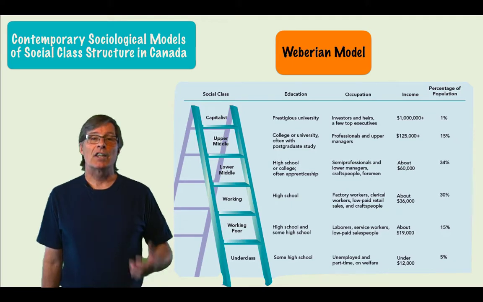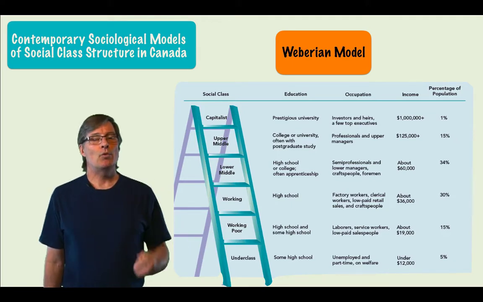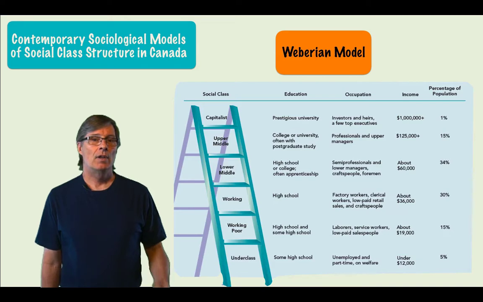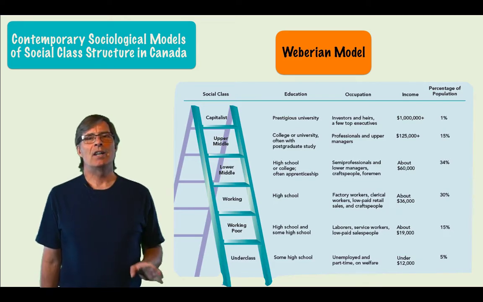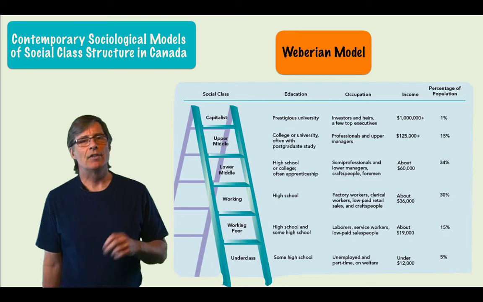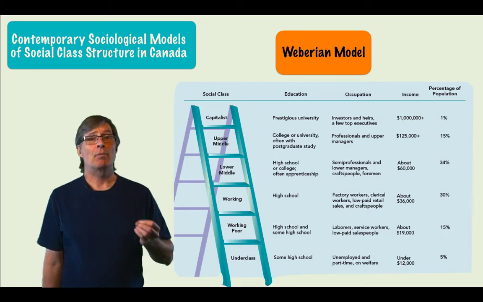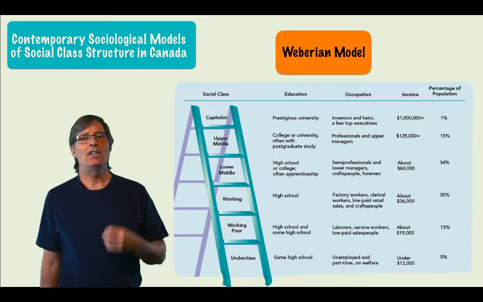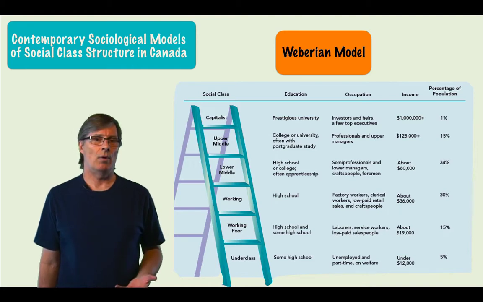The upper class, that's the wealthiest and the most powerful class. They own substantial income-producing assets. About 3% of Canadians would fit into this group. A small number of these individuals, about 1,000, are the upper class, and they wield enormous amounts of power.